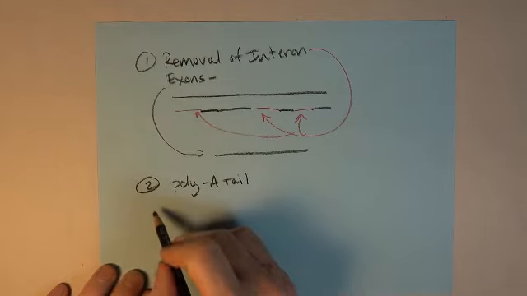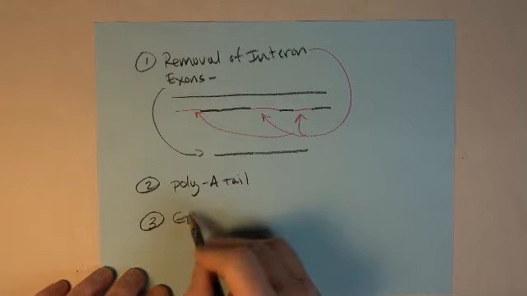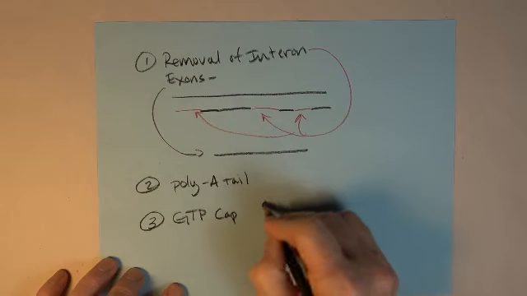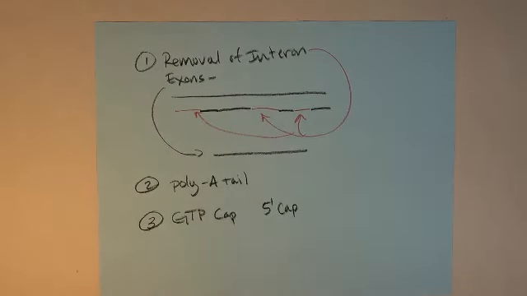And then the third thing that you need to know is what's called a GTP cap. It also can be referred to as a 5' cap. Your particular course would prefer that you use GTP cap, and it is just basically guanosine triphosphate. Similar to adenosine triphosphate, ATP, this is just GTP.